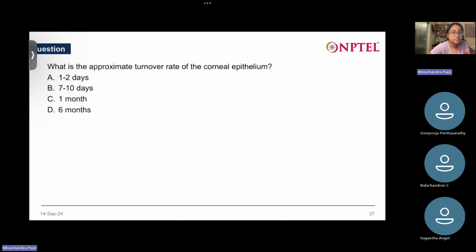Give it a guess. How frequently do you think the eye replenishes the cells, basically? It's faster than skin. Let me tell you that. The turnover rate of the skin epidermis is slower than that.